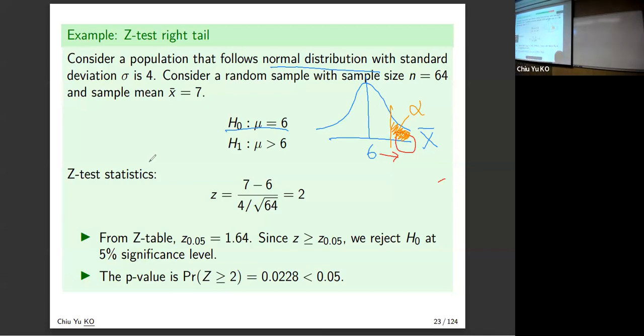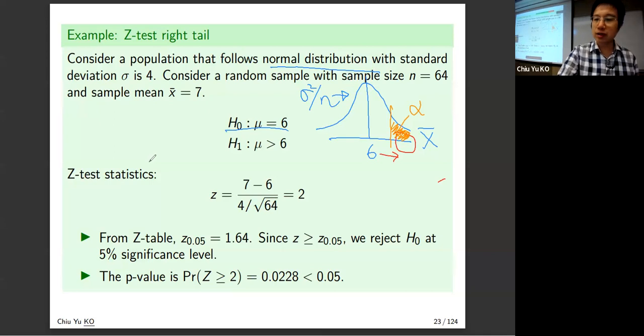Remember, alpha is 1%, 5%, or 10% in general cases. In this particular case, we know the shape, because we know sigma squared and we know n. We know how fat it is.